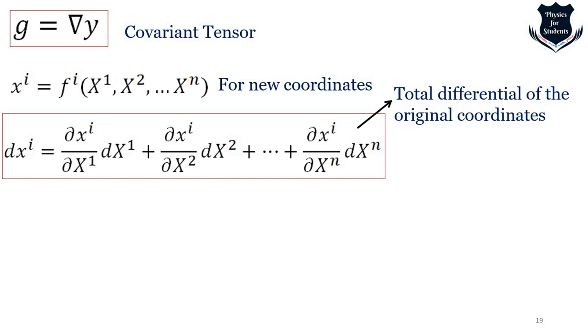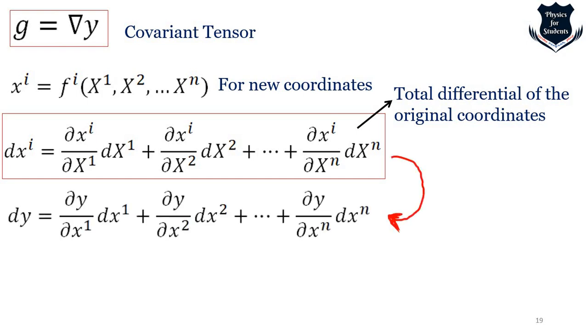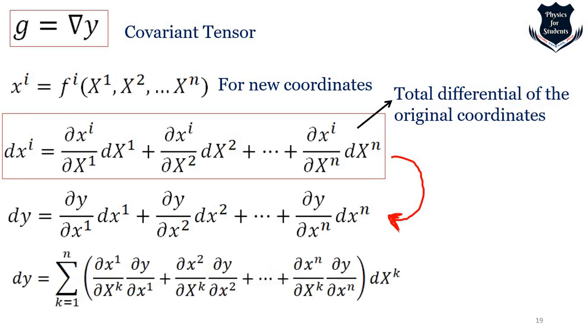Now we substitute this expression, which you see in front of your screen, with this one. We substitute with this arrow, which I have marked in red, into this equation and collect the differentials of the new coordinates. Somehow I have skipped those parts; you can do it manually. We get something like this.